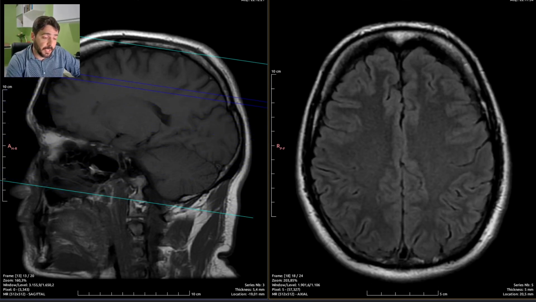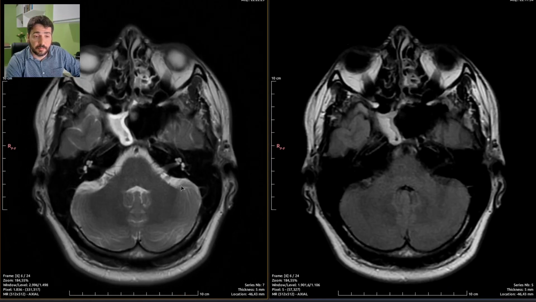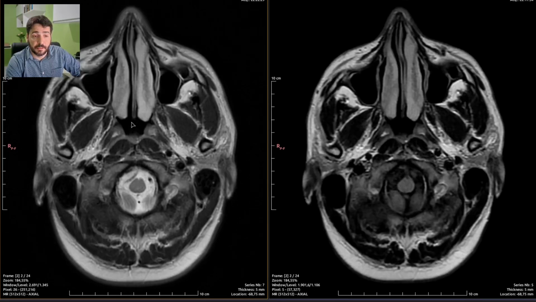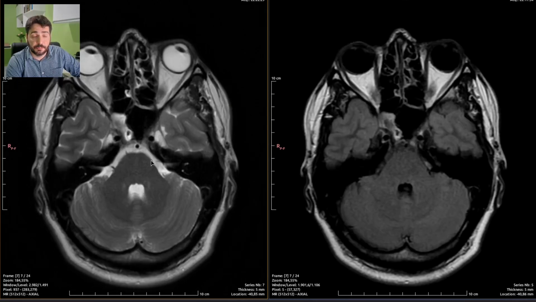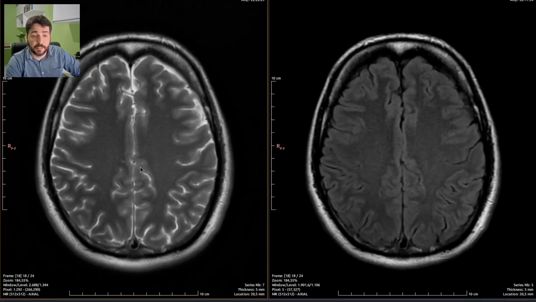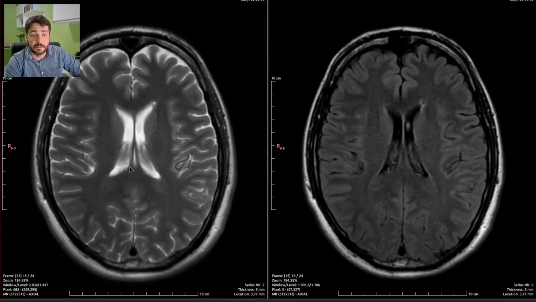So let's grab a T2. There is a right-sided sphenoidal acute sinusitis, which should represent a very common cause of headaches, but this patient says he has no headaches.